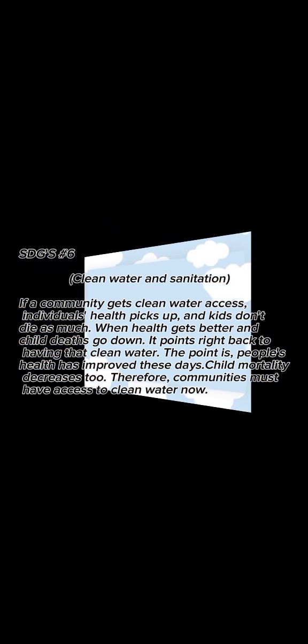The first thing we're going to do is identify the hypotheses. Hypothesis number 1: if a community has access to clean water, then health condition will improve and child mortality decreases.